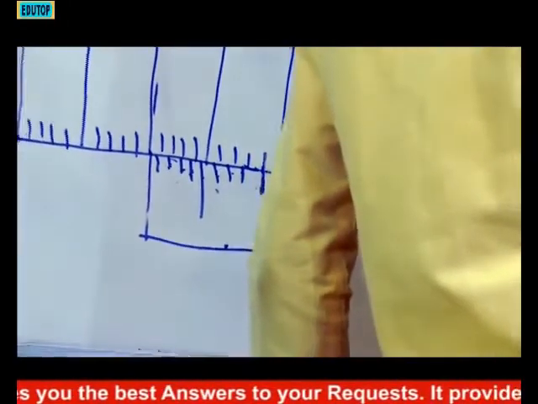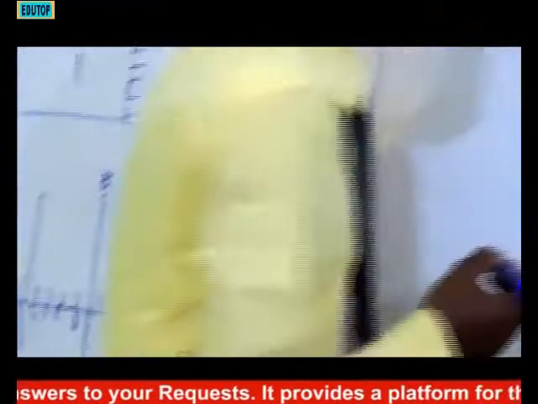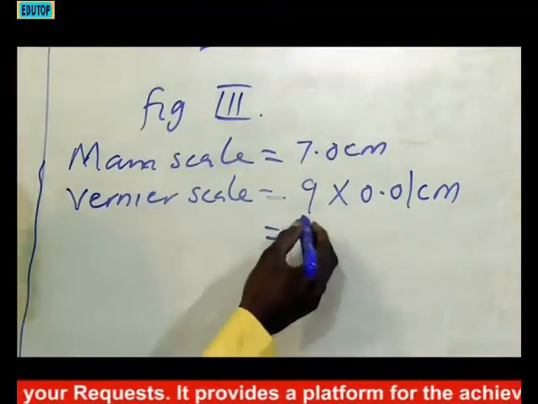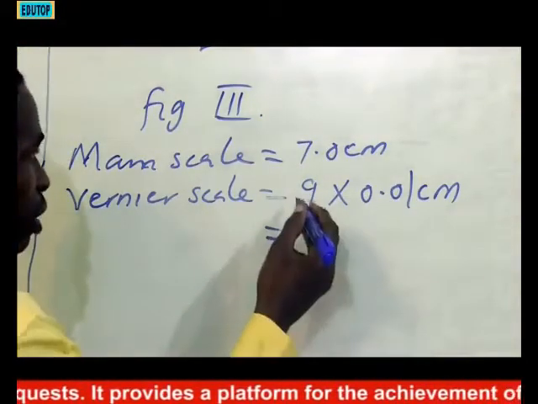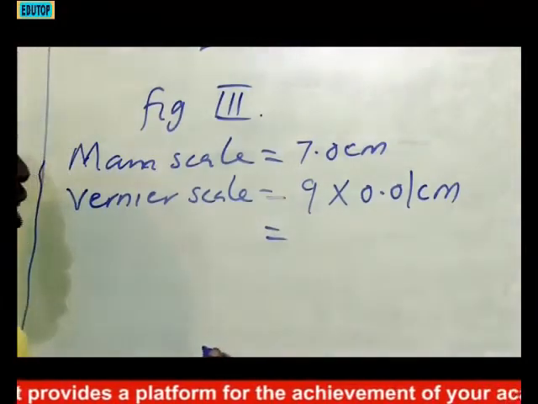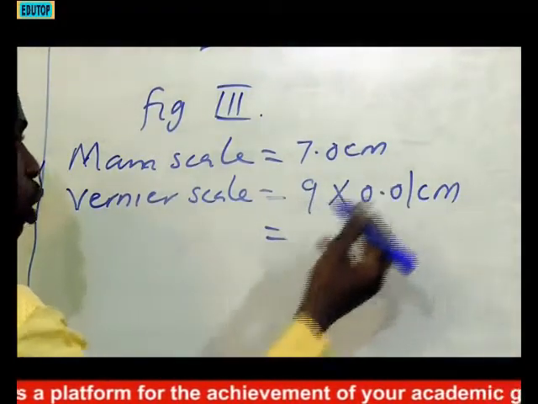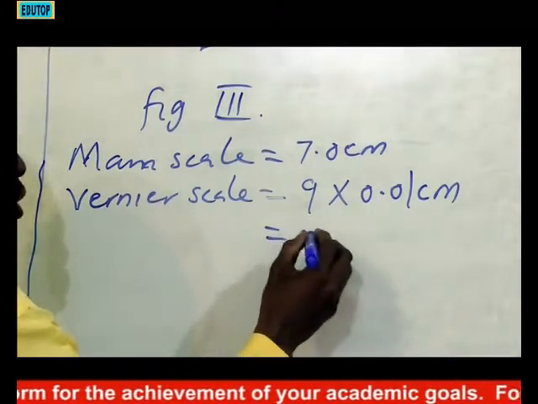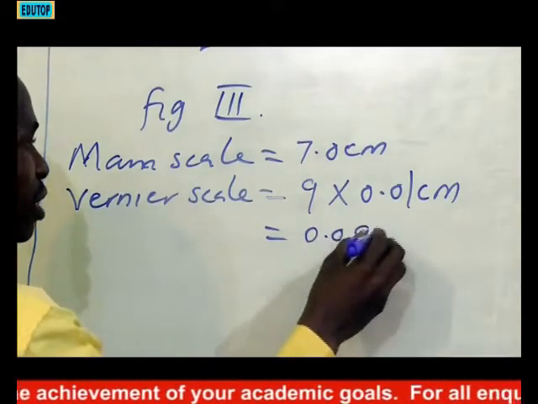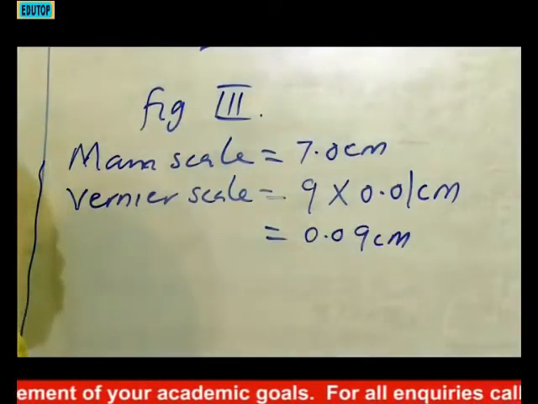That means you are going to have 9 times 0.01 centimeter. So the result of this, 9 times 0.01 centimeter, we are going to have 0.09 centimeter.